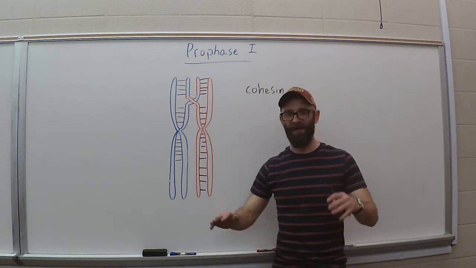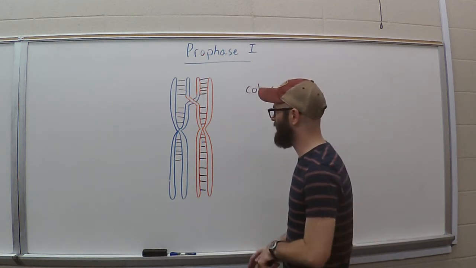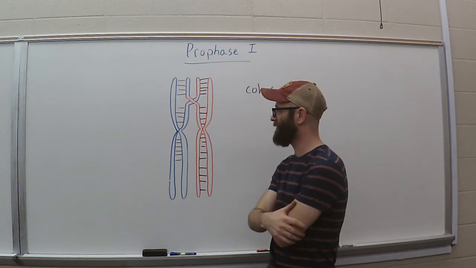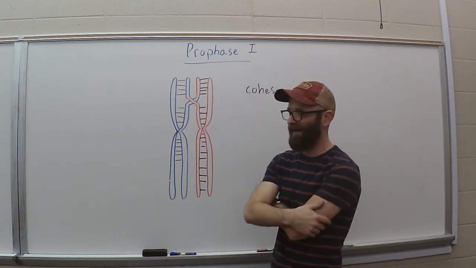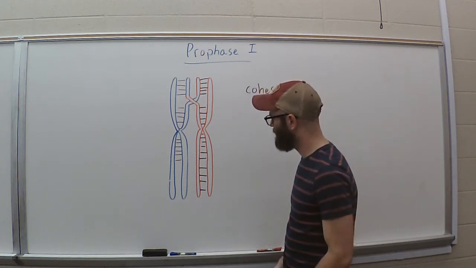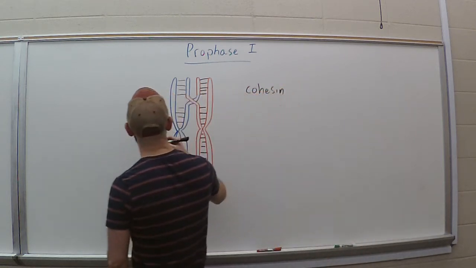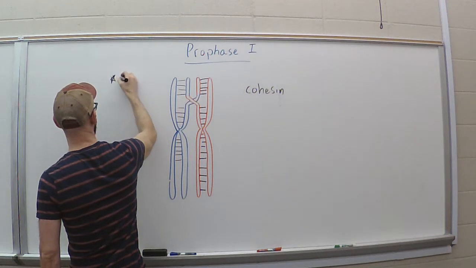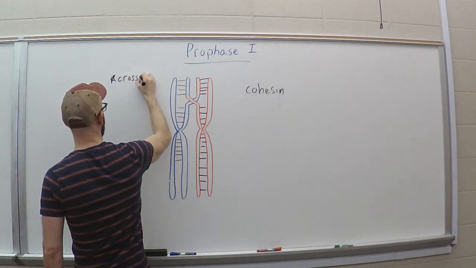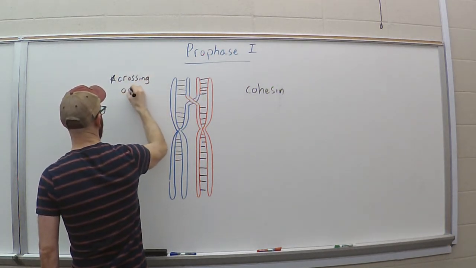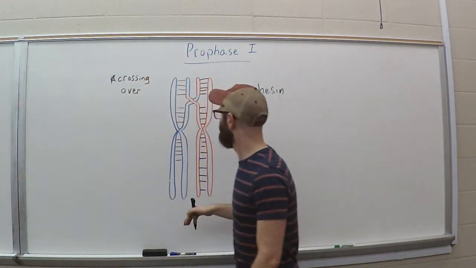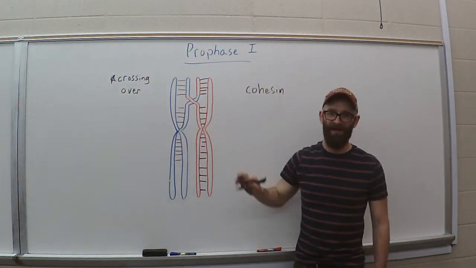And it's totally random, so it can go a long way towards shuffling the deck genetically. But yeah, that's the big thing that happens in prophase 1, crossing over. And this is the result of that.